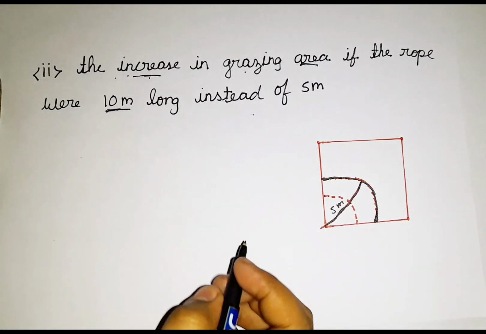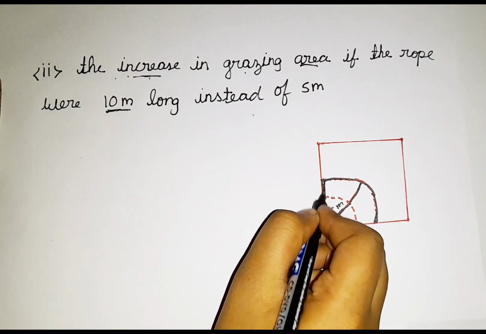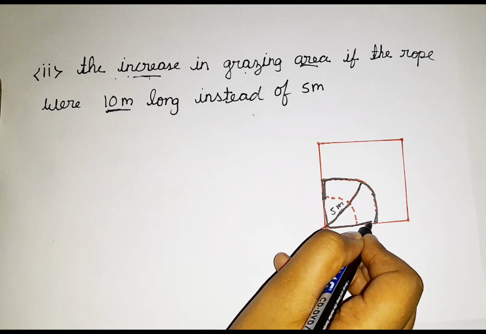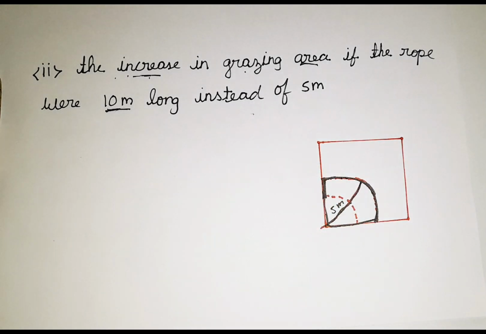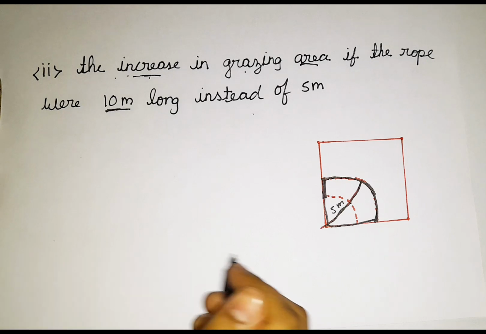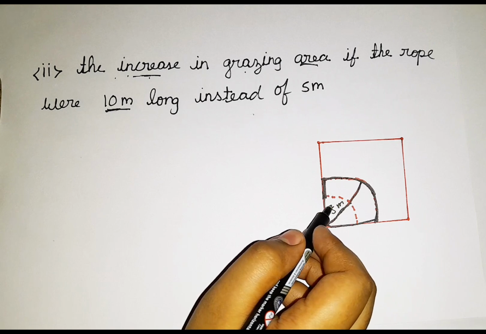So now you can see it is a sector, you can see the complete figure. Here also we have a sector, am I right? I am not drawing the line, otherwise you will get confused.